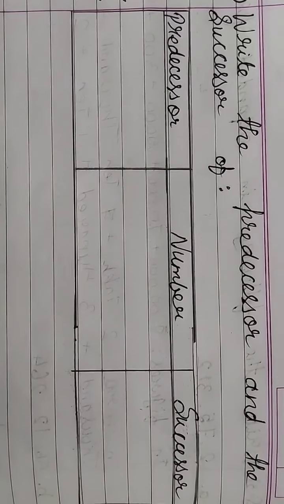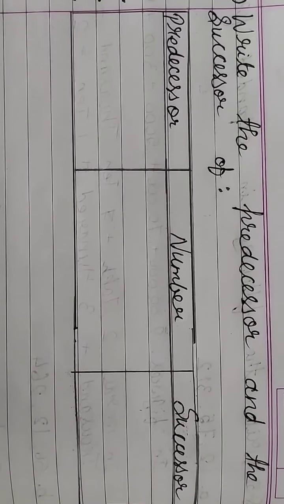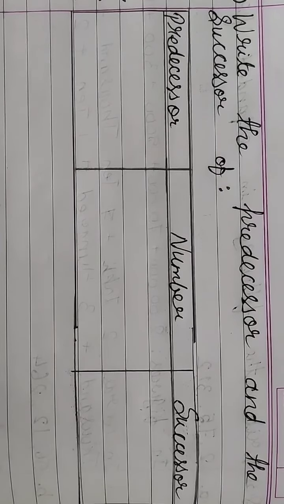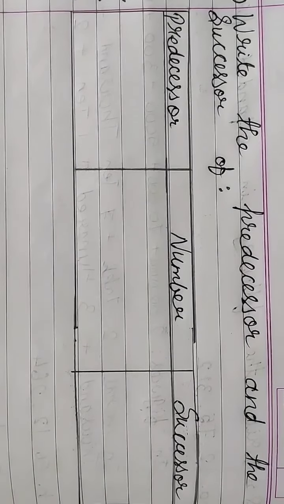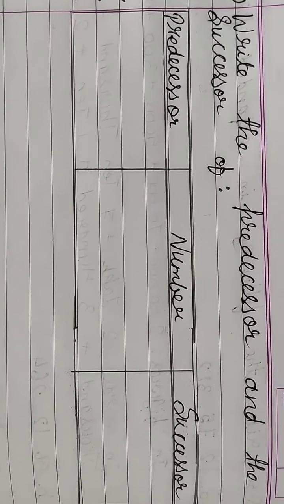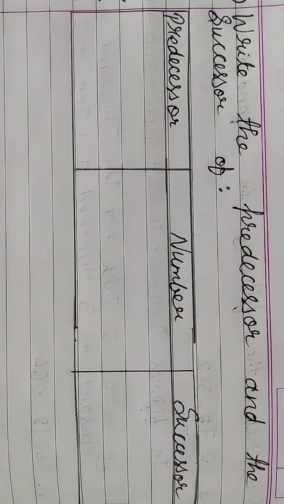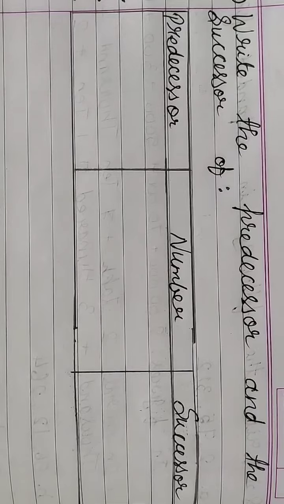Students, our next question number 4 is write the predecessor and the successor of. Students, we have already discussed what is predecessor and what is successor. Predecessor means before number and successor means after number. Here you have given one number, and of that number we have to write its predecessor and the successor.